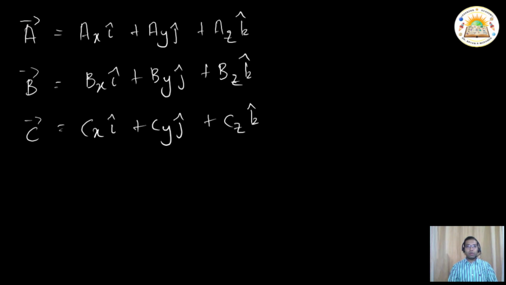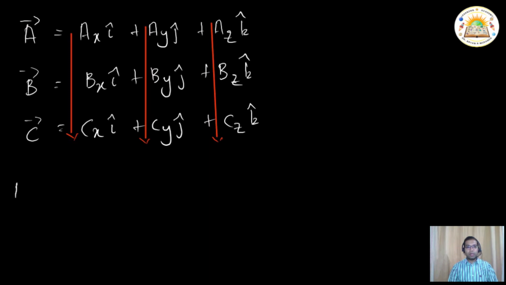Now the only thing you're going to do is add them up like this. Since I've written it one below the other, all the i caps you're going to add, and all the coefficients of j cap and coefficients of k cap. So when I say add, you will simply write it like this.